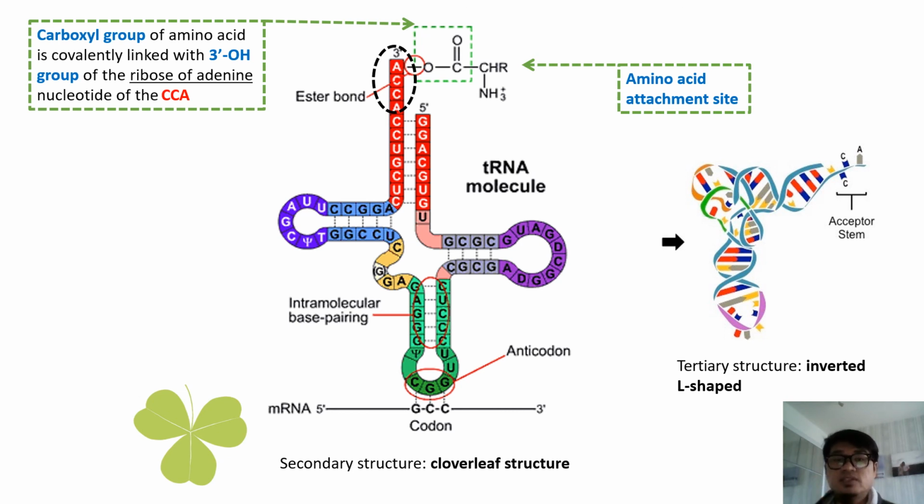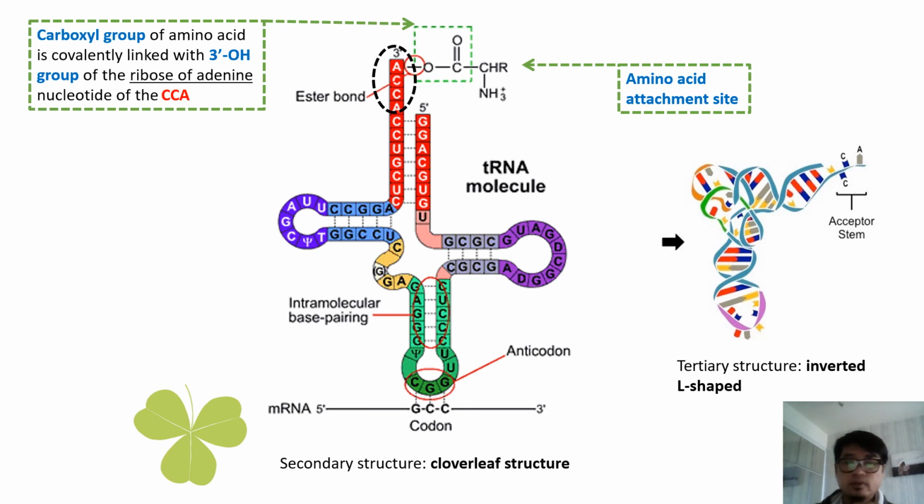Okay, from this tRNA, you can see at the top there is an amino acid attachment site. This is where the amino acid binds. The tRNA also has the anticodon site, which is the lower part of the tRNA. This anticodon will bind to the mRNA, depending on what the mRNA is coding for.